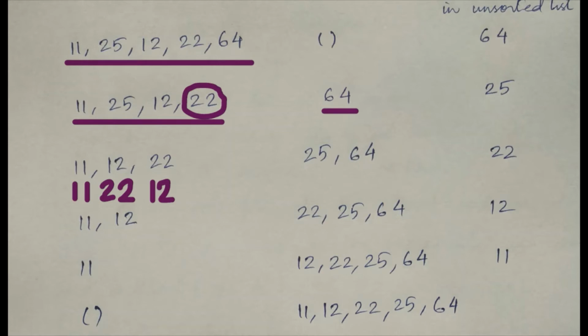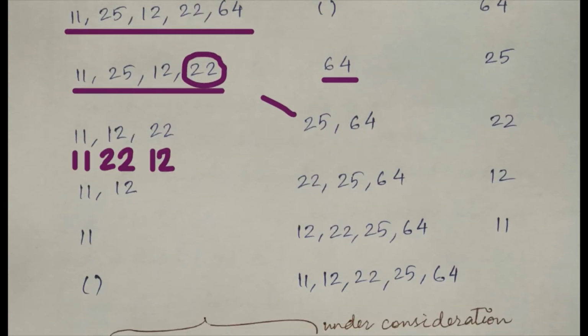So 25 will come here, then we'll put it in the sorted list here, and then we'll be left with 11, 22 and 12. Okay, then from 11, 22 and 12, 22 is the maximum, so it will go here. Basically you'll swap 22 with 12, so 22 will be your third element and 11 and 12 will be the first two. And when you get 12, it's already the maximum.